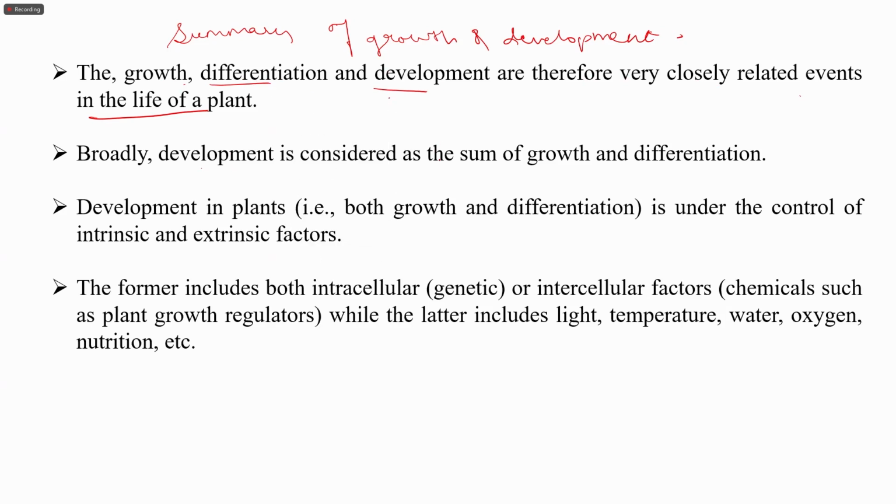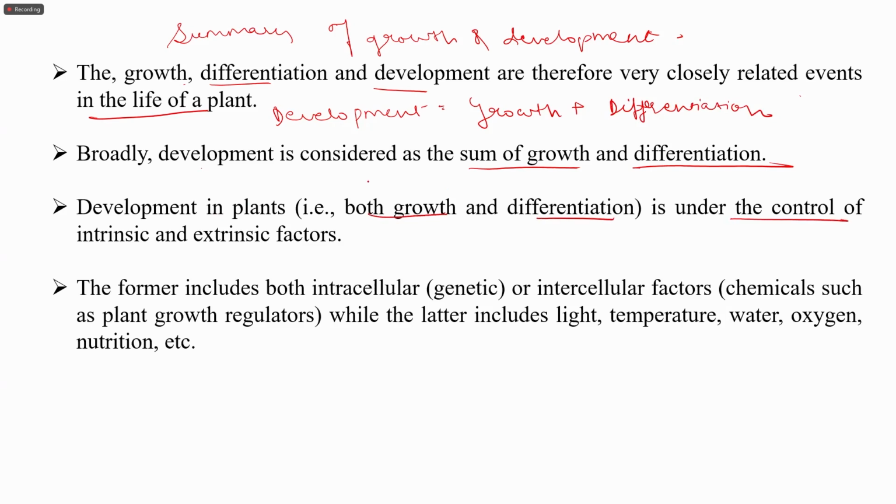Broadly, development is considered as the sum of growth and differentiation. So development is actually happening because of the growth of the cell and the cells undergoing differentiation, acquiring a particular function. Development in plants, that is both growth and differentiation, is under the control of intrinsic and extrinsic factors, that is the internal and the environmental factors.